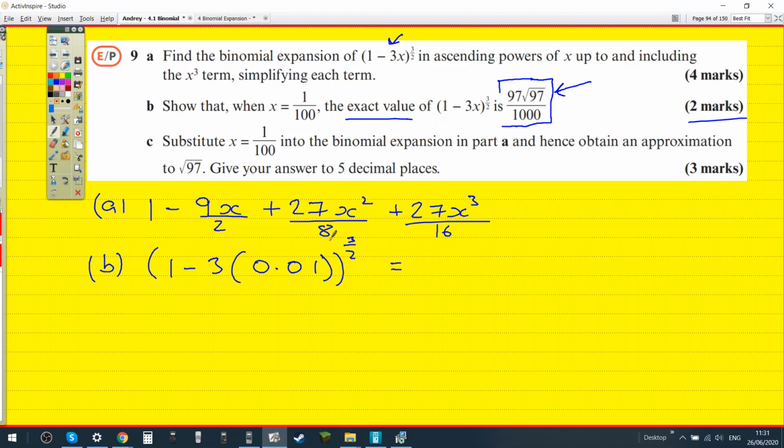But if you were to do it the long way, you would end up with this, like square rooting, etc. It's a 2-mark question. 1 minus 3. Maybe if I'm wrong, I'm wrong, and we'll have to do it the long way later on. But I believe 97 over 1000. Okay, C.